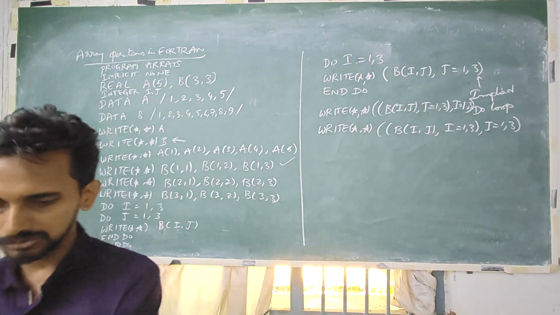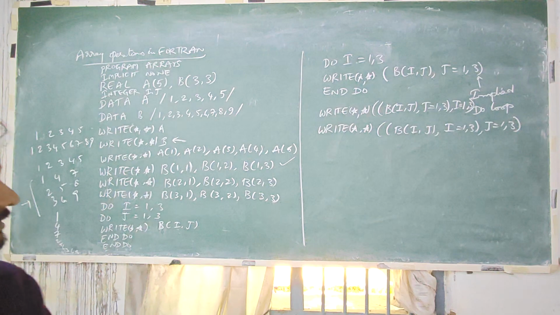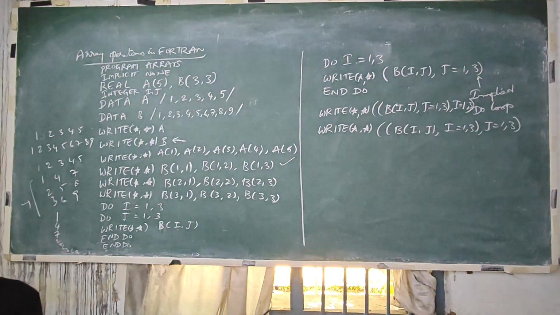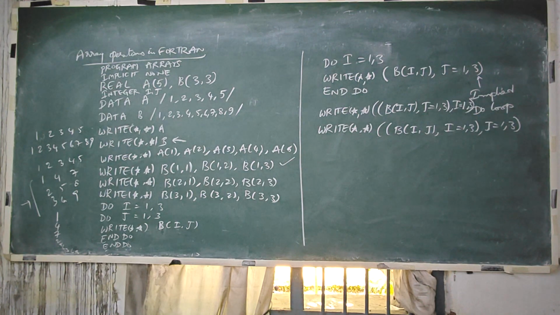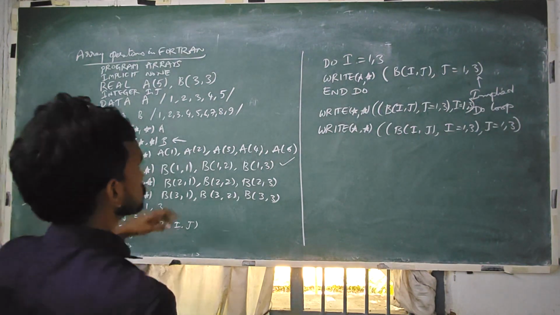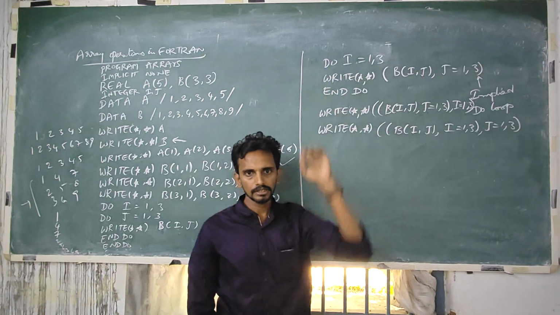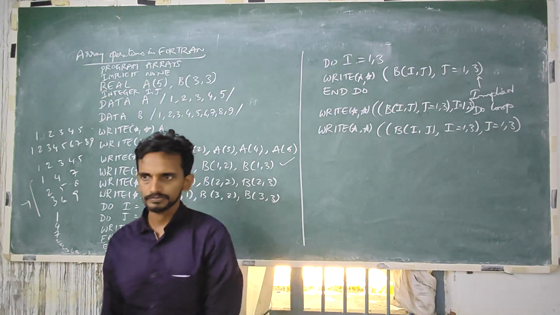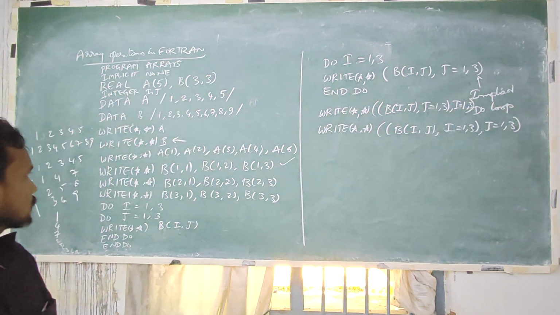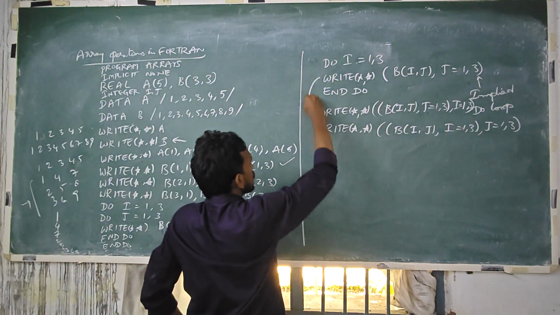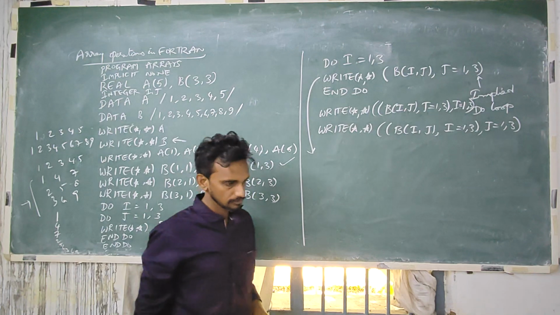So the array elements will be accessed column wise. So this is a more convenient way of presenting an array column wise, right?